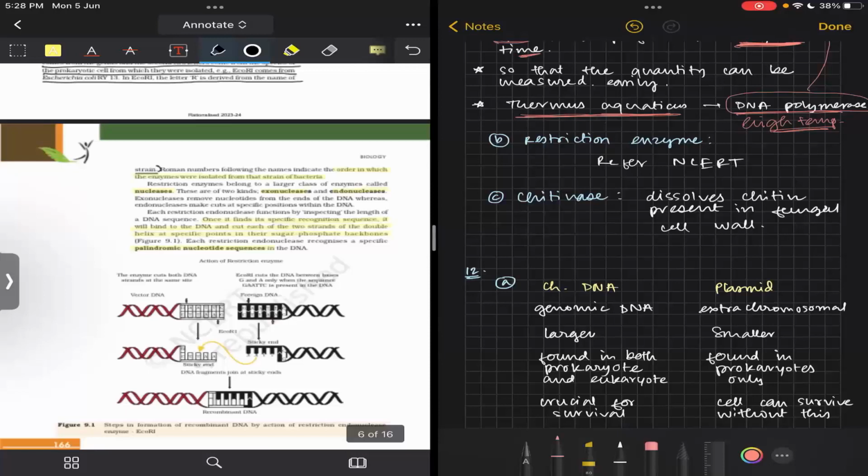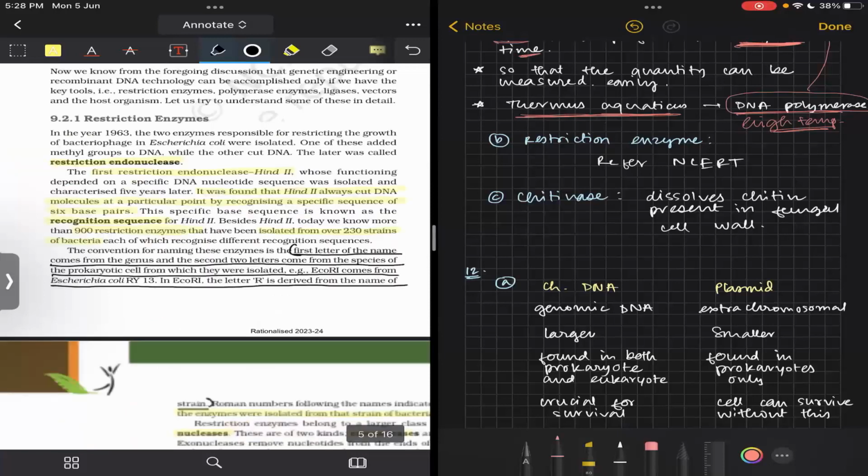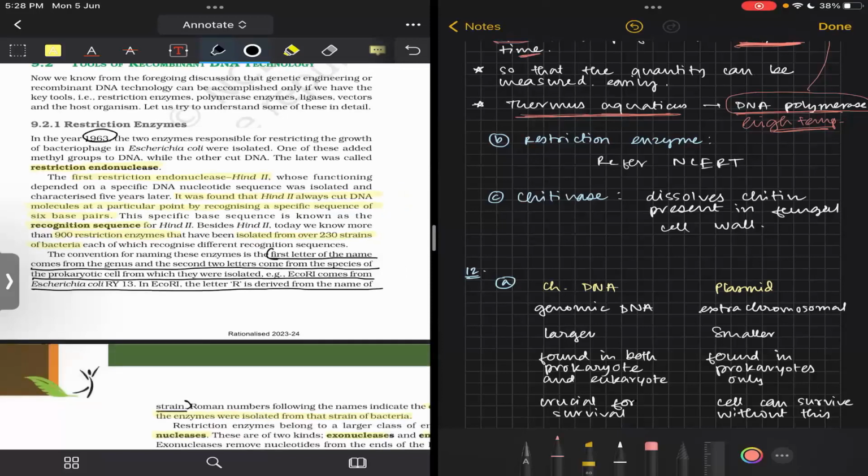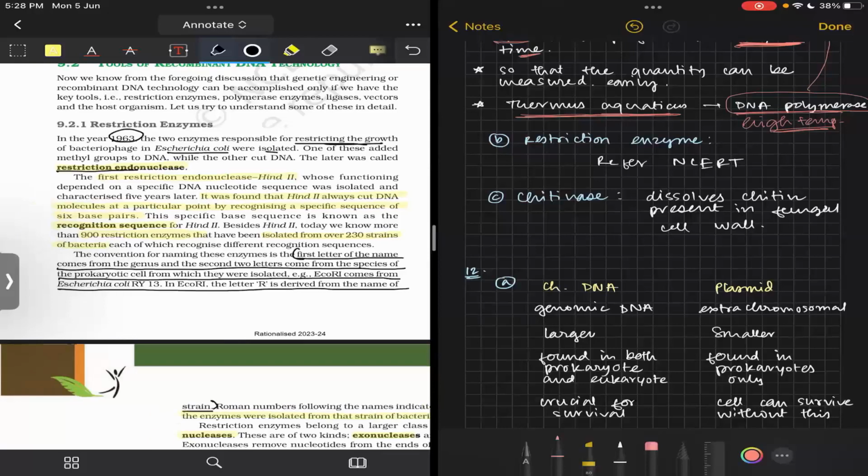So as you can see, here's the history: in the year 1963, this RE was isolated from E. coli, and which was later called restriction endonuclease. So the first restriction endonuclease that we got was HindII, which was extracted from Haemophilus influenzae. Okay, so this was our first RE.